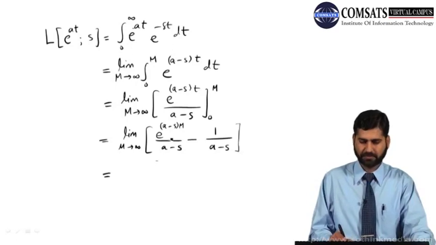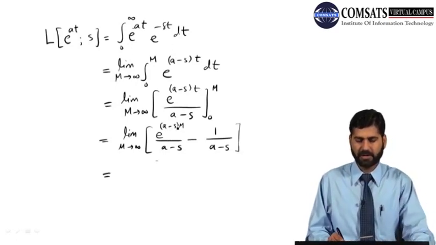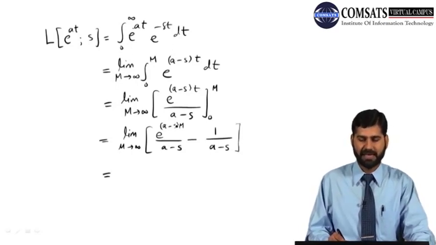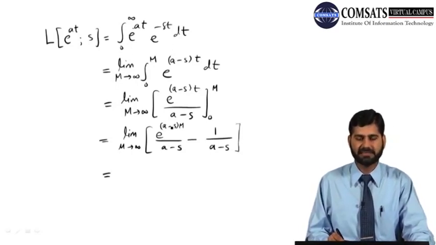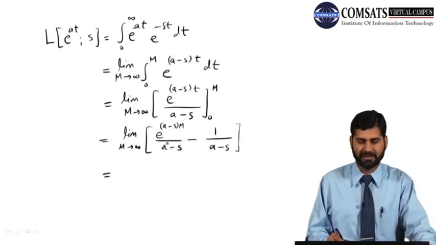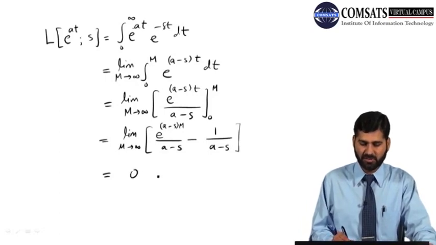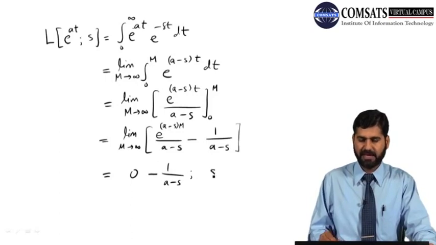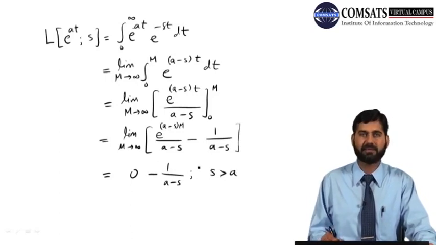So now e to the power (a minus s)m again depends on a and s. If a is less than s, it is negative, so it will come down and it will go to 0. If a is greater than s, then it will remain up here on top, and m going to infinity will make it infinity. So this is 0 if a is less than s, or s is greater than a.